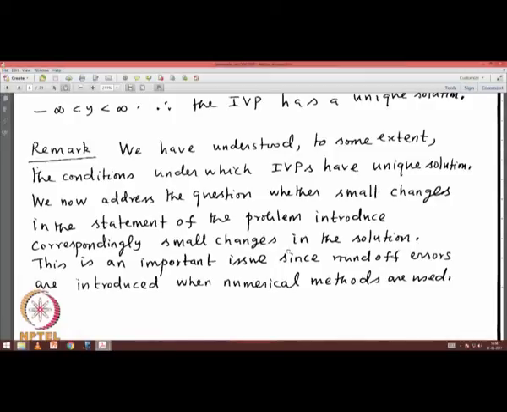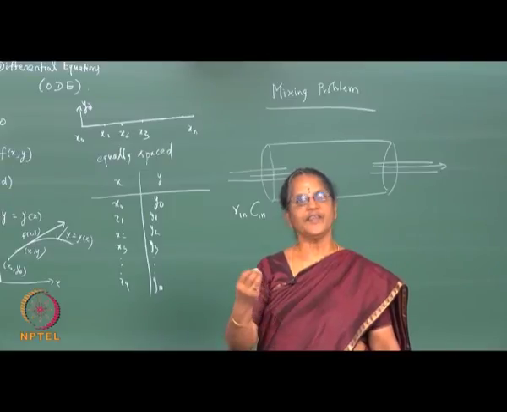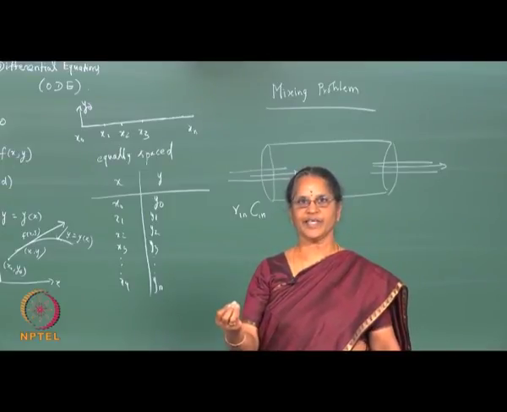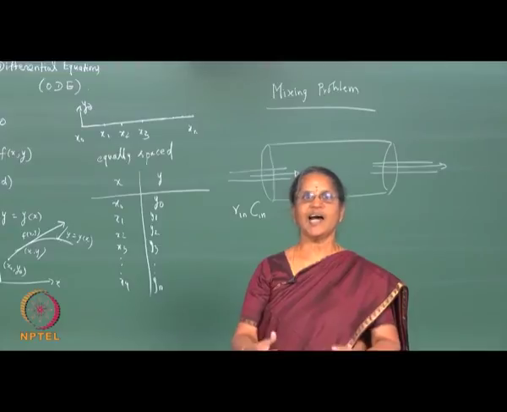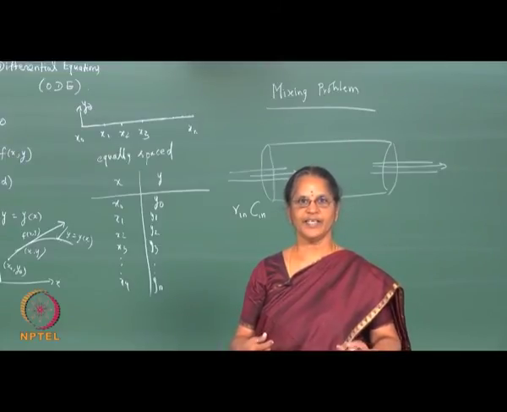There is one more thing that has to be addressed, namely what happens if I give small changes to the initial value problem and the initial condition, will there be large deviations in the resulting solution.